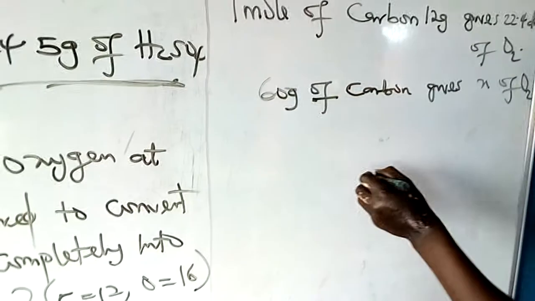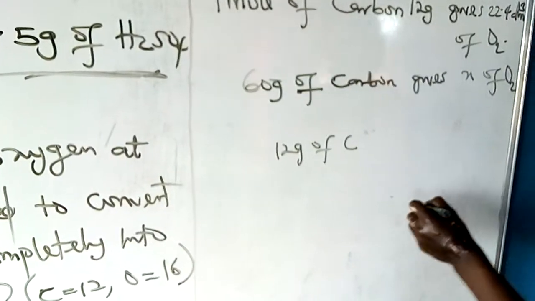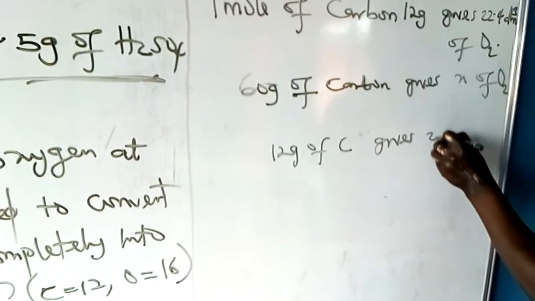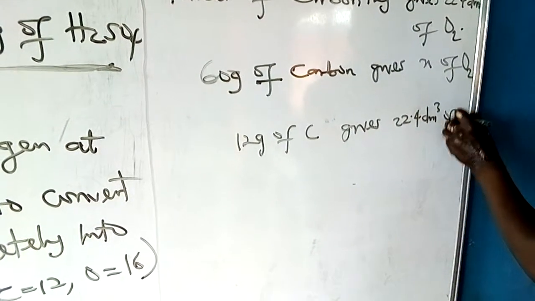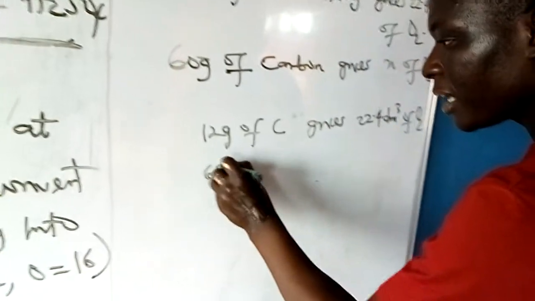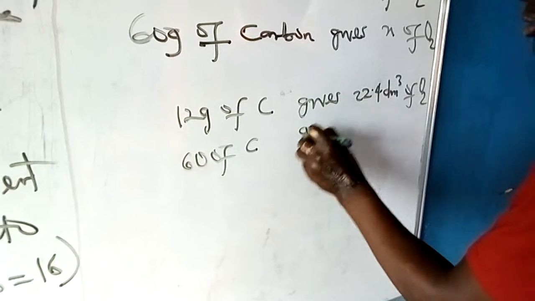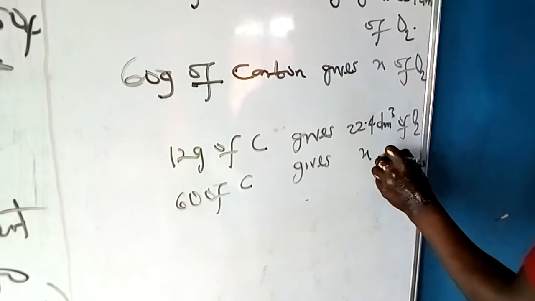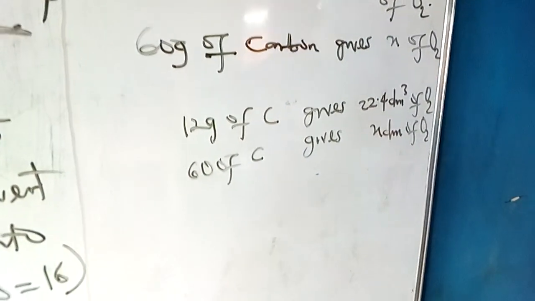What we are saying is this: 12 grams of carbon, that is 1 mole, gives 22.4 dm³ of O2. So now 60 grams of carbon gives X in dm³ of O2. So that is what we are saying.